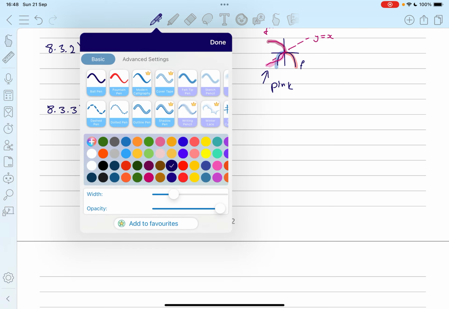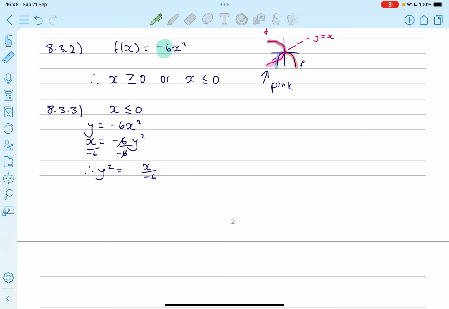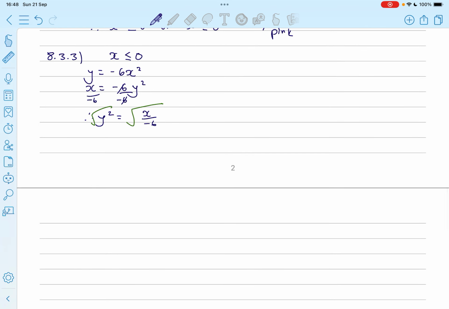And then we're going to square root both sides. And this will allow us to just have y by itself. y is equal to the square root of x over negative 6. And this square root will either be positive or negative.